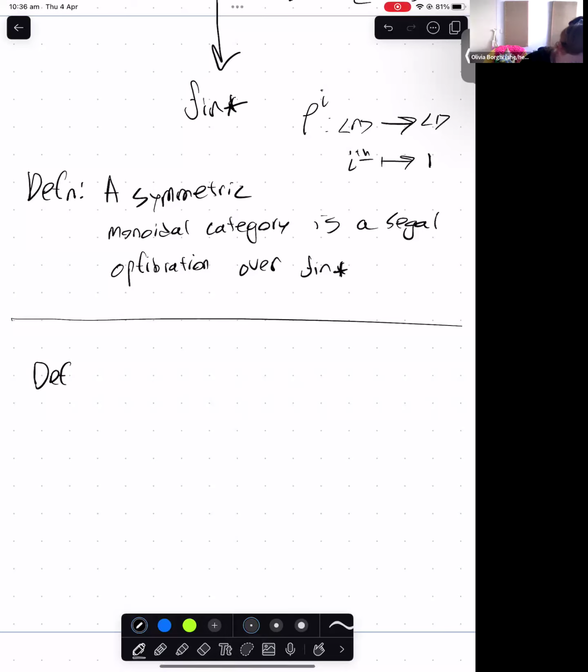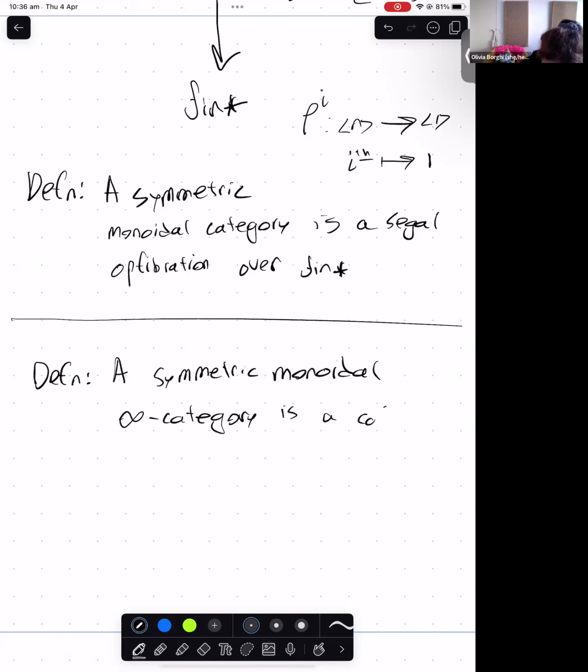So the existing definition was: a symmetric monoidal infinity category is a Segal coCartesian fibration over the nerve of finite pointed sets.